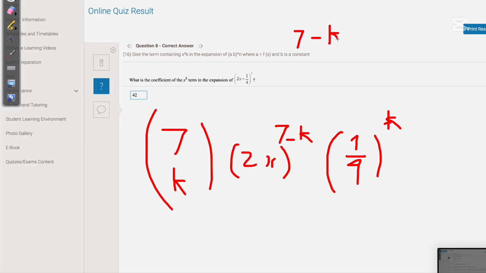Since we want the power of x to be 5. 7 minus k is 5, so k is 2.